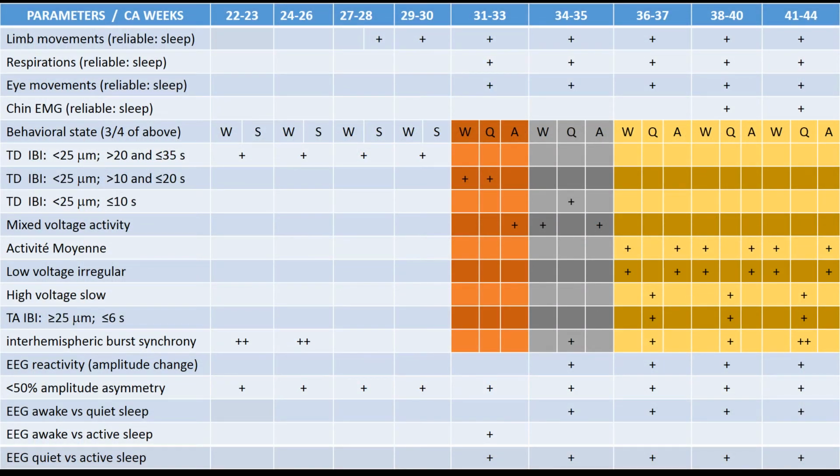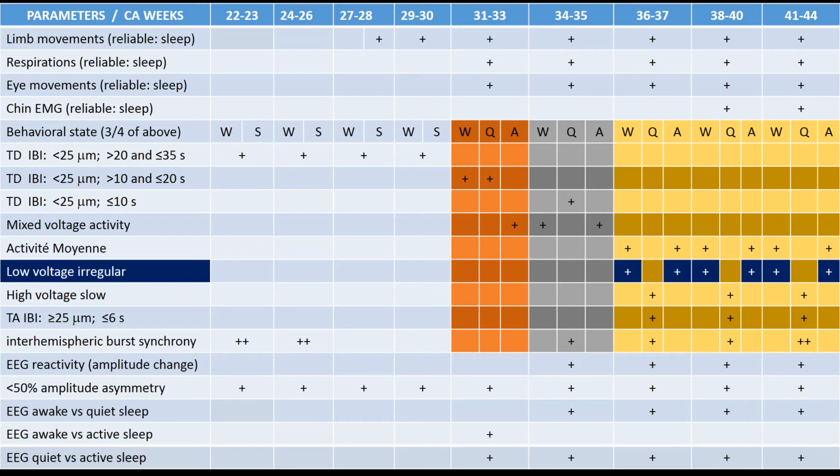As you can see in this chart, low voltage irregular activity is present during awake and during active sleep from 36 weeks to 44 weeks postmenstrual age.